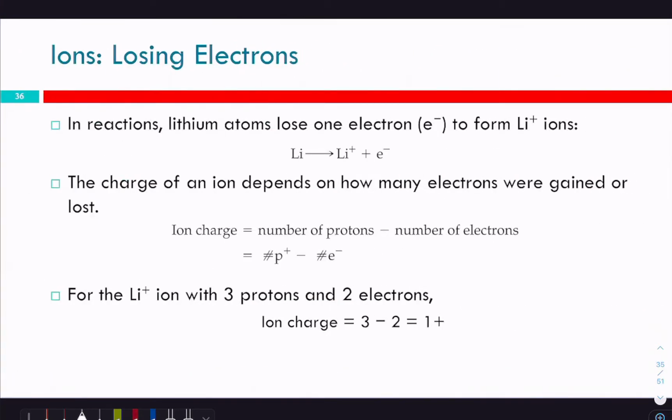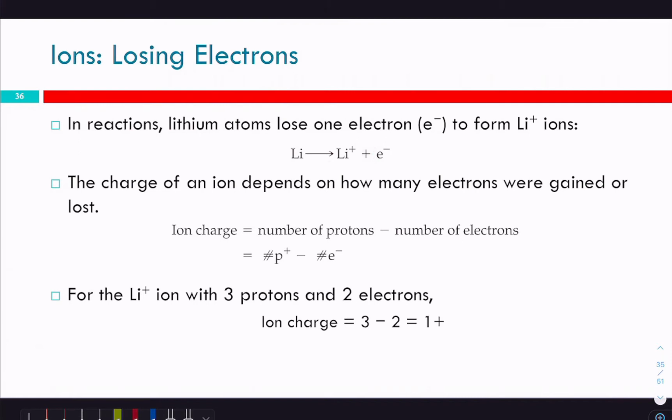A lot of the reactions are actually based on these transfers of electrons between things. So lithium, for example, is an alkali metal. It's in group 1A. It wants to form a 1 plus charge, so it loses 1 electron to do that. So we have elemental lithium here, no charge. Losing 1 electron, we then get the ion, the cation, lithium 1+.